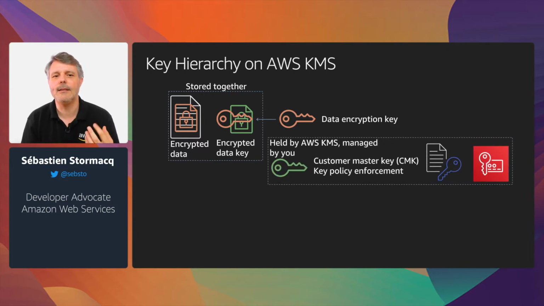And these data keys are encrypted with your customer master key. So it's your key. So in the KMS console, you can create a key, delete a key, assign permission to use a key. And using the API, the CLI, or one of our SDKs, you can just generate data keys.